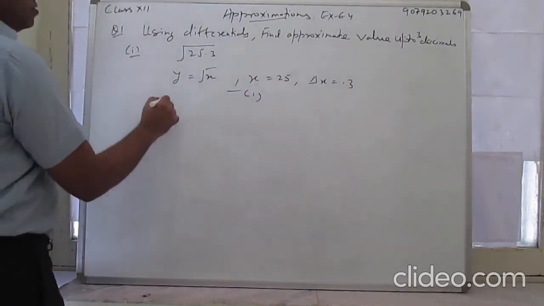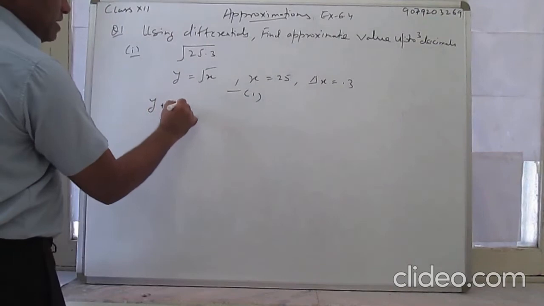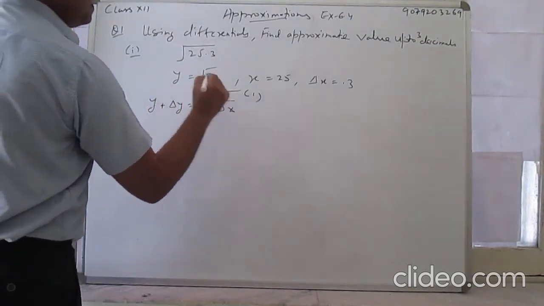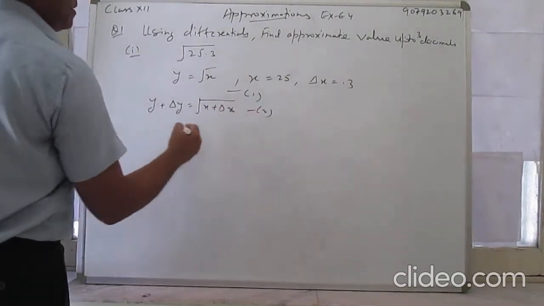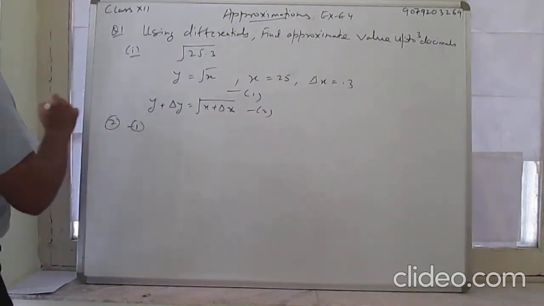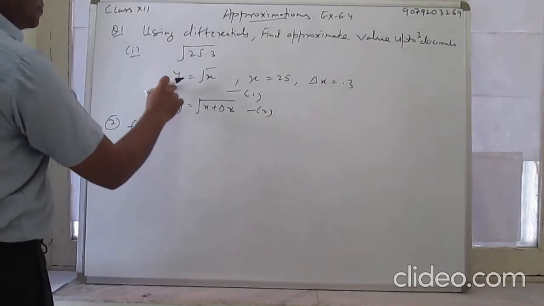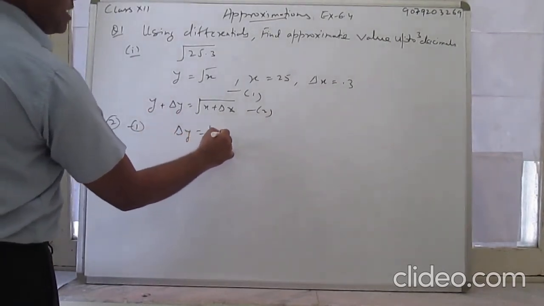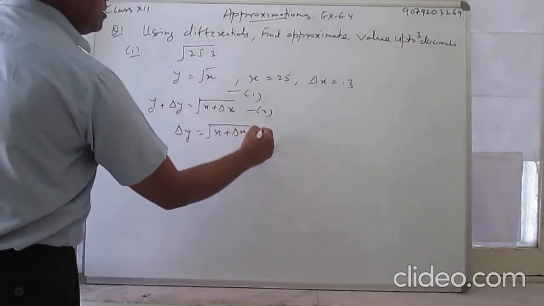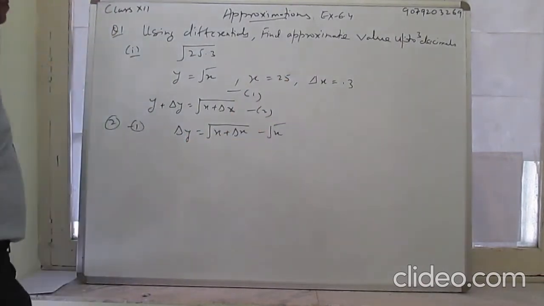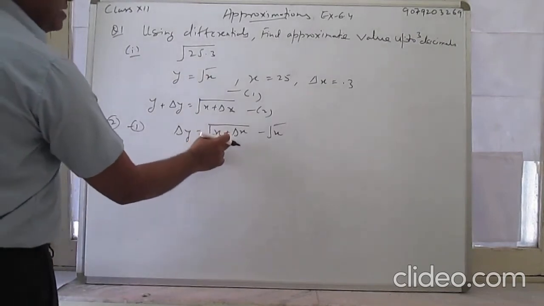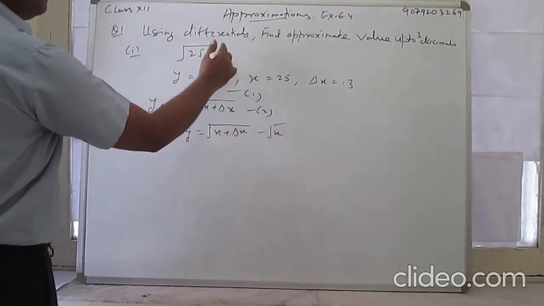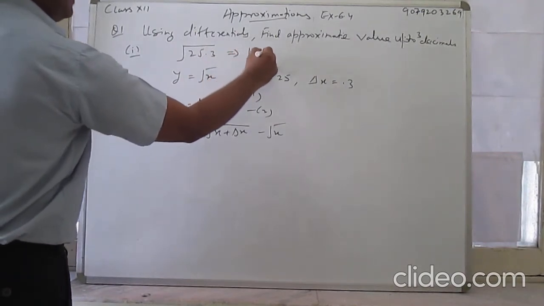Now दोनों में डेल्टा x, डेल्टा y चेंज कीजिए, y plus delta y is root of x plus delta x, this is equation 2. सब्ट्रैक्ट 2 माइनस 1, y y cancel out, delta y is equal to root of x plus delta x minus root x. Now what is x plus delta x? वापस यही आ जाएगा, this is x plus delta x.